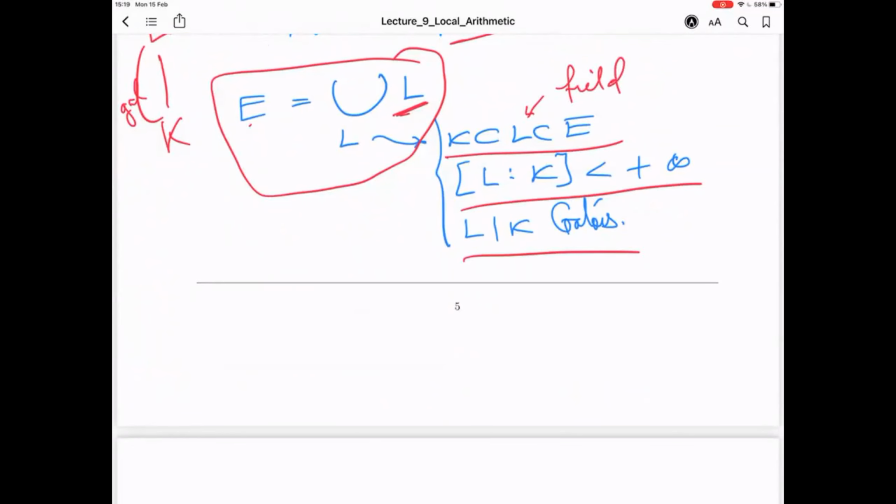So some algebraic extensions are Galois, some are not, just as some finite extensions are Galois and some are not.